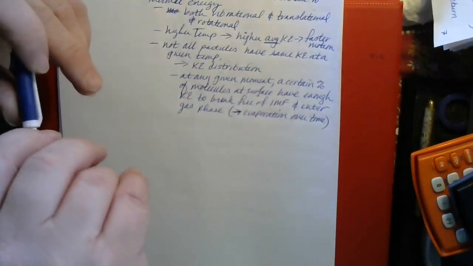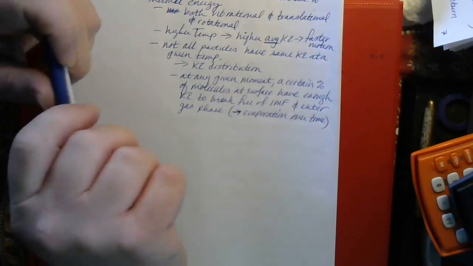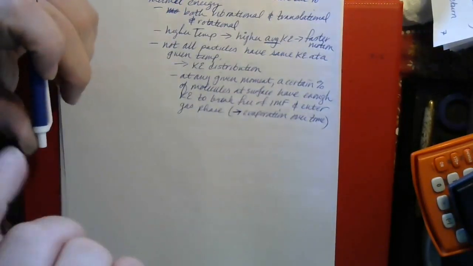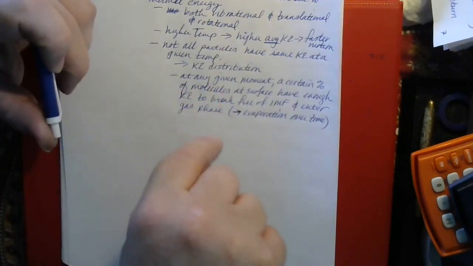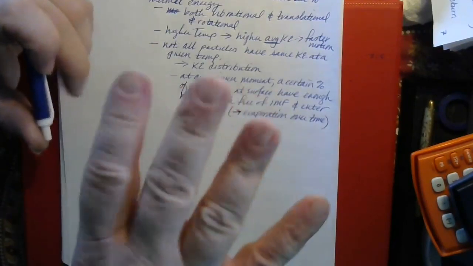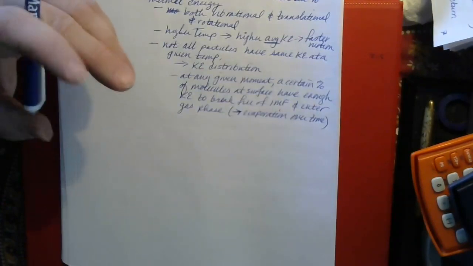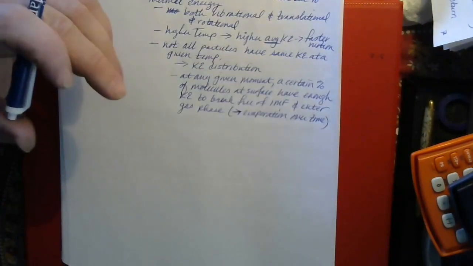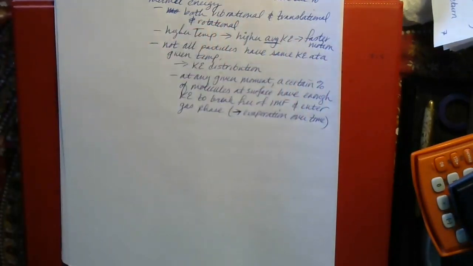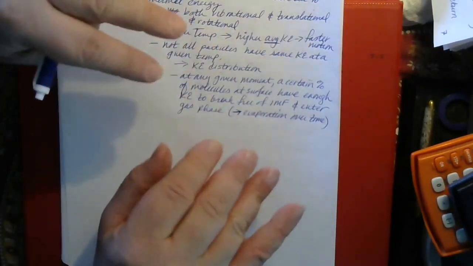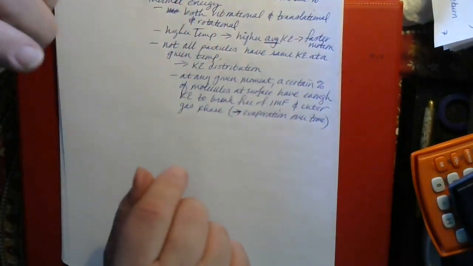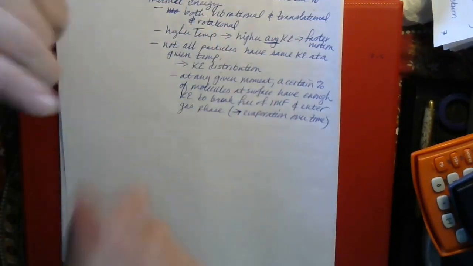But you'd be wrong, because as long as the temperature doesn't change, that percentage is always going to be 10%. If the first 10% of molecules with enough energy evaporate and go off into the gas phase, that energy is transferred to 10% of what's left. And so another 10% leaves, and then another 10% leaves.